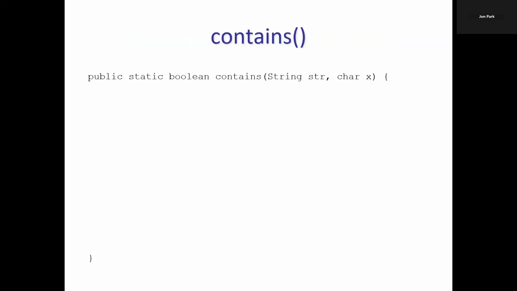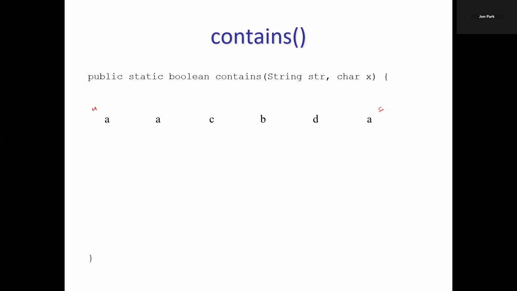Now, slightly different example. It's called contains. It takes a string and a char and returns true if that string contains the char. So for example, if the input string is AACBDA, same thing happens.